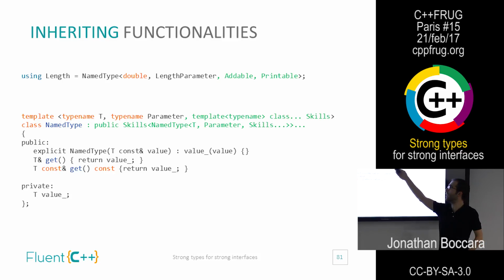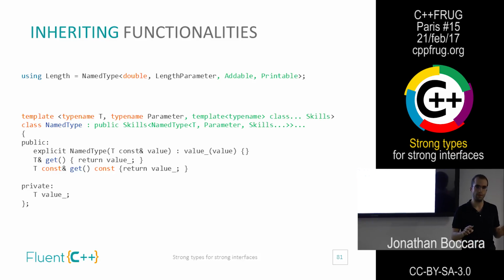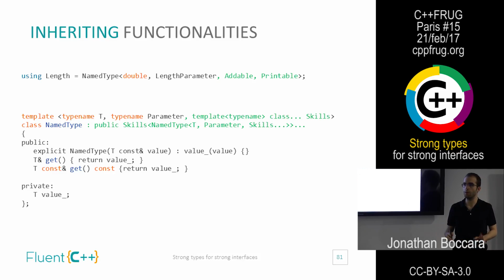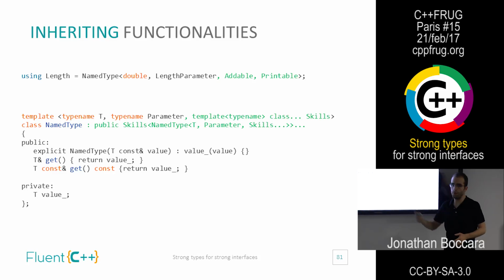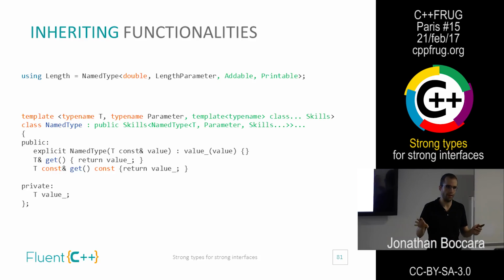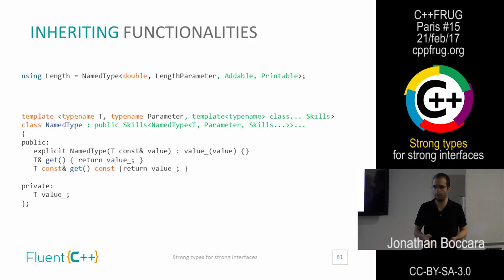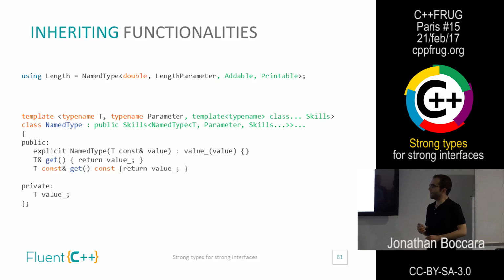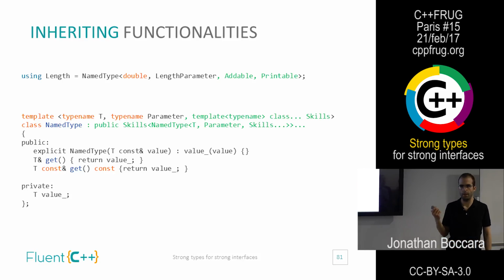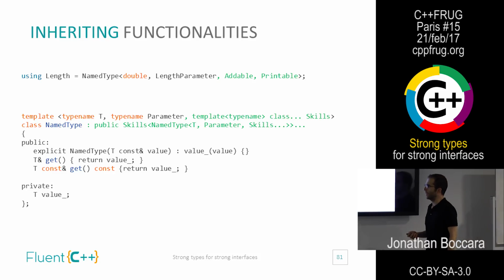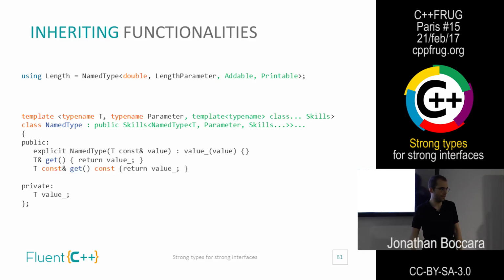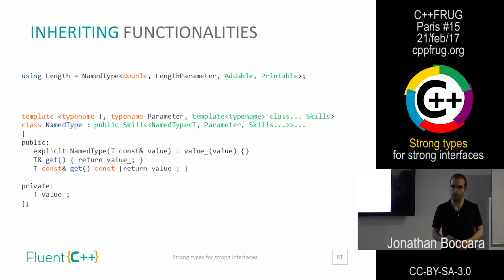Because all these guys, like Addable and stuff, they offer operators like operator plus. So the named type will also offer operator plus. And the end client, which is us, doesn't have to inherit from a different thing. It can just declare them, which is, I think, so nice. This uses CRTP, by the way. It's an implementation detail, so I won't get into it, but that's how it works.